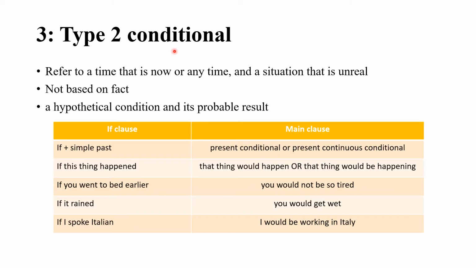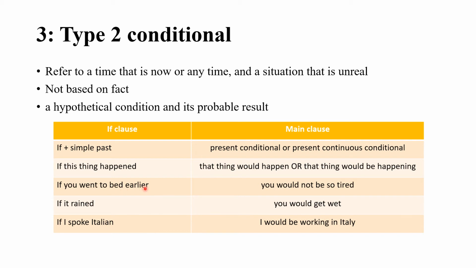The type 2 conditional is the third type of conditionals. It usually refers to a time that is now or any time and the situation is unreal. The sentences are not based on fact. The type 2 conditional is used to refer to a hypothetical condition and its probable result. In type 2 conditional sentences, the if clause is in past simple tense and the main clause usually uses the present conditional.